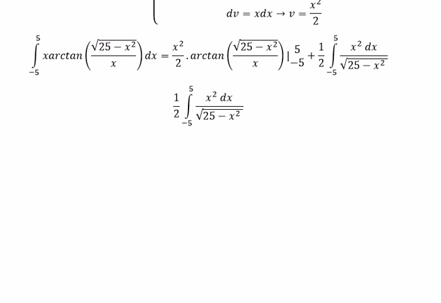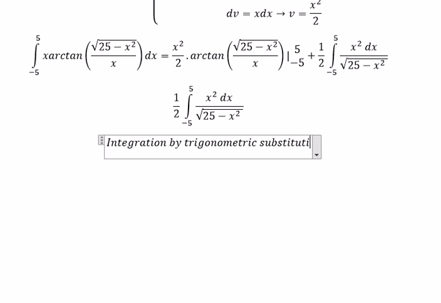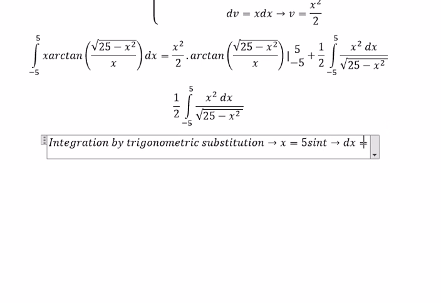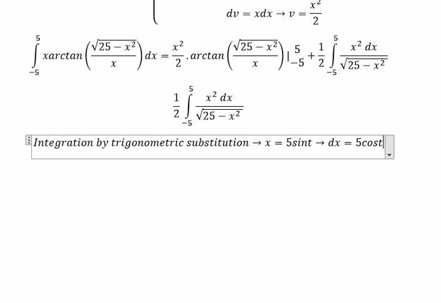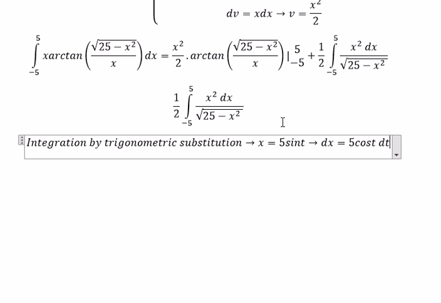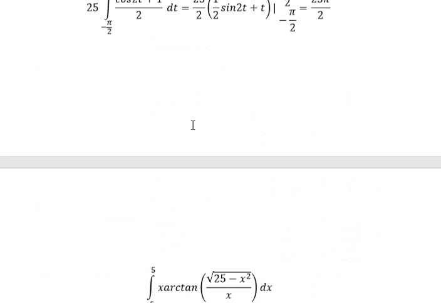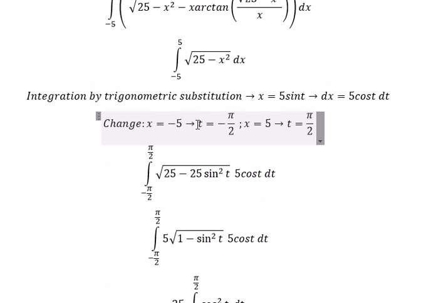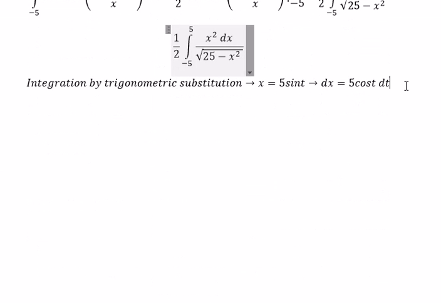In this situation, we can use integration by trigonometric substitution. So we work with s equal to 5 sine t, ds equal to 5 cosine t dt. This is similar to the previous one. So we put this one in here.